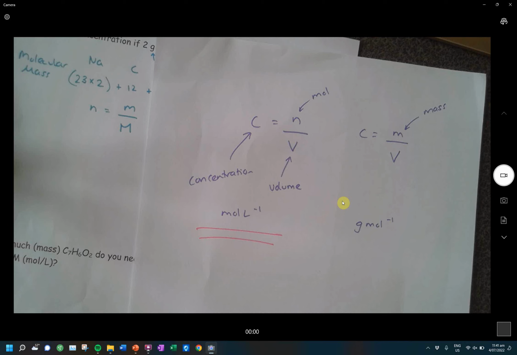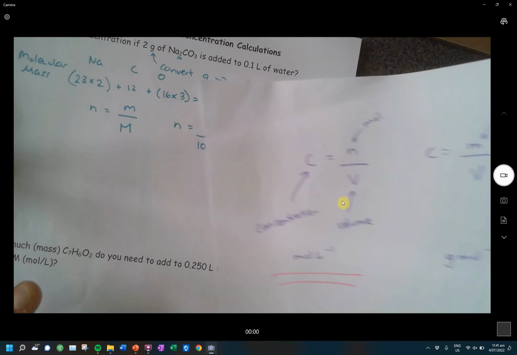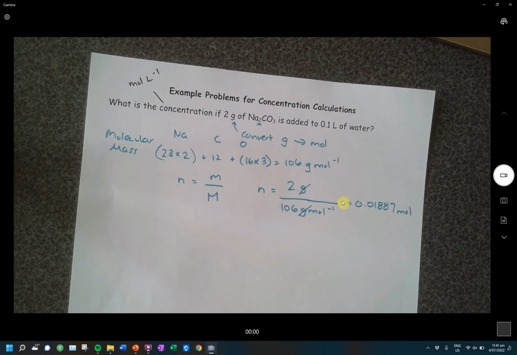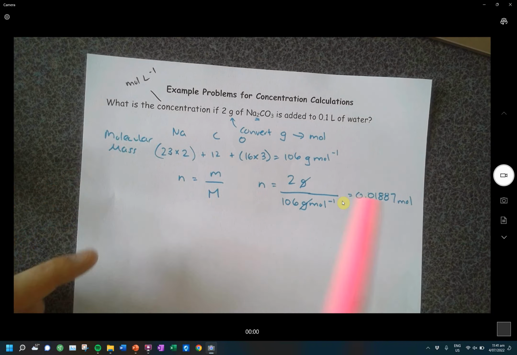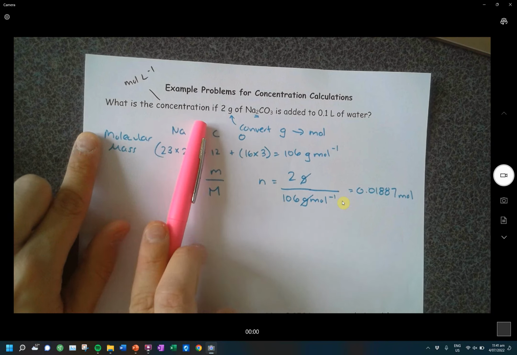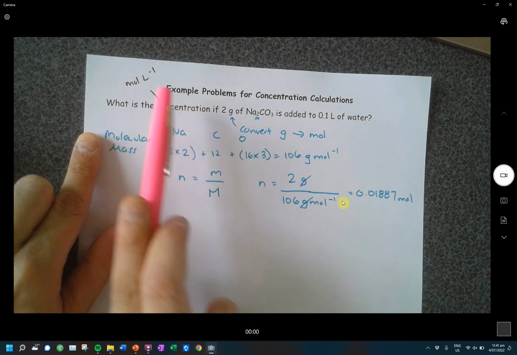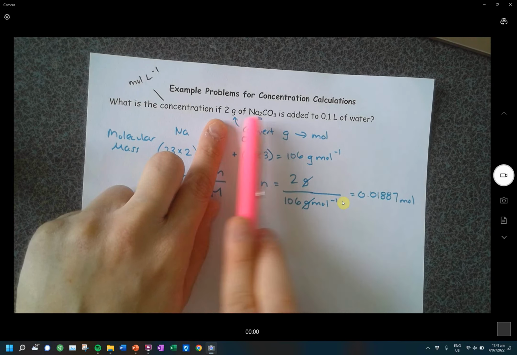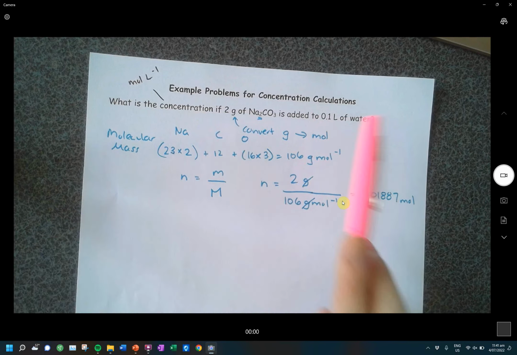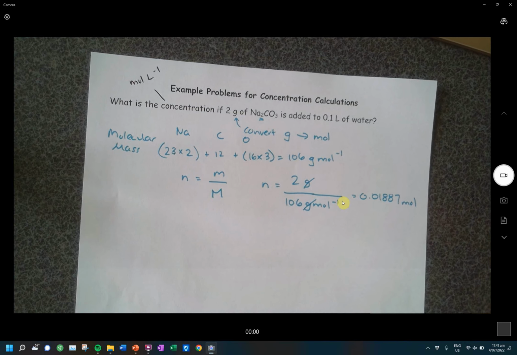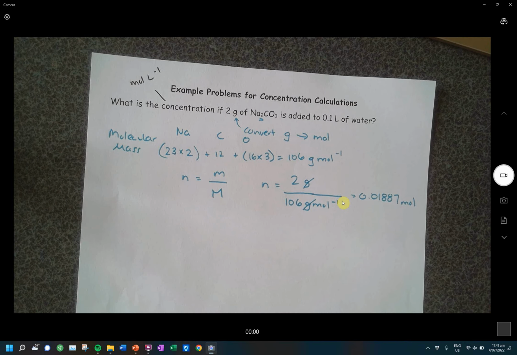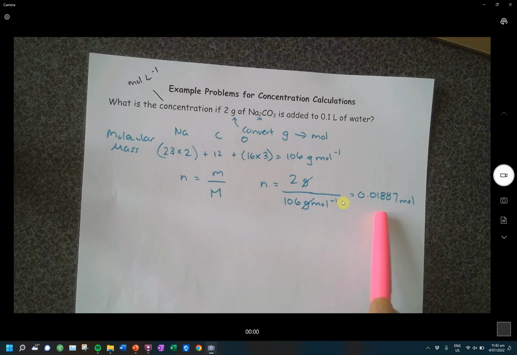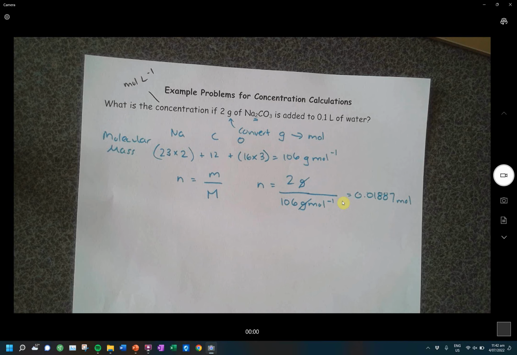Are we good so far? All right, shall I show you some examples using it? Okay. So here in our first example, they said, what is the concentration? We want it in moles per liter, if 2 grams of sodium carbonate is added to 0.1 liters of water. So 0.1 liters of water is equivalent to 100 milliliters of water if I was doing that conversion. So I already have my moles.